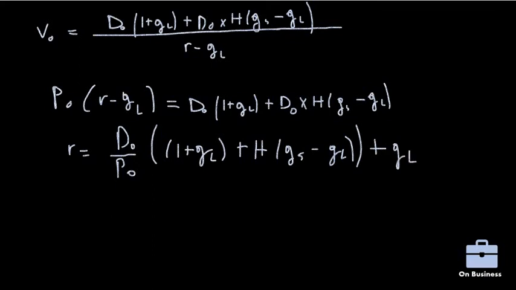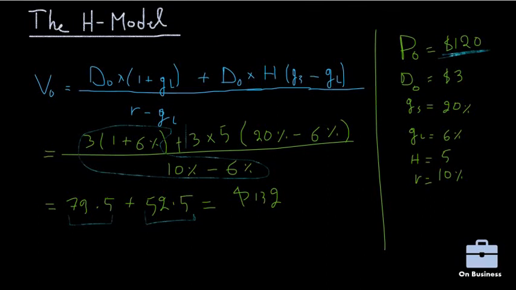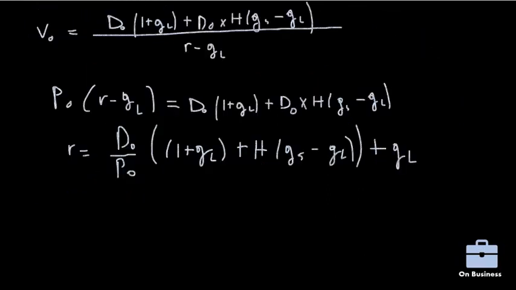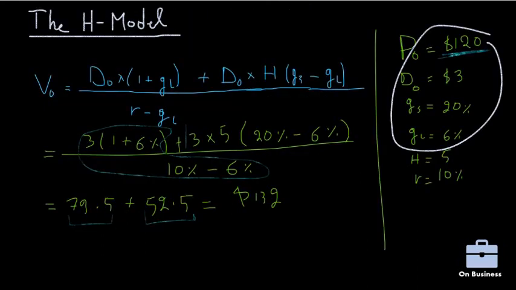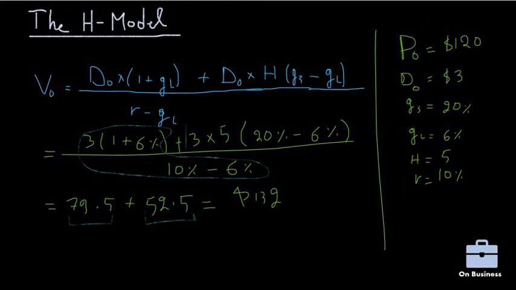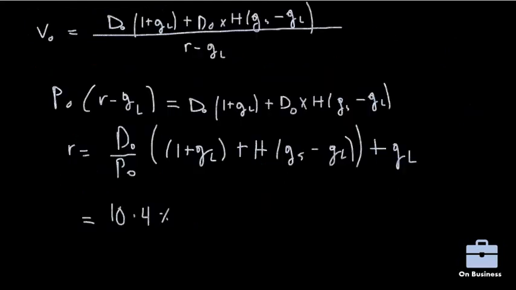Plugging in the numbers I had from the previous exercise, I will get 10.4%. I'm going to let you put down the given so that you could plug in the numbers and make sure that you get 10.4%.